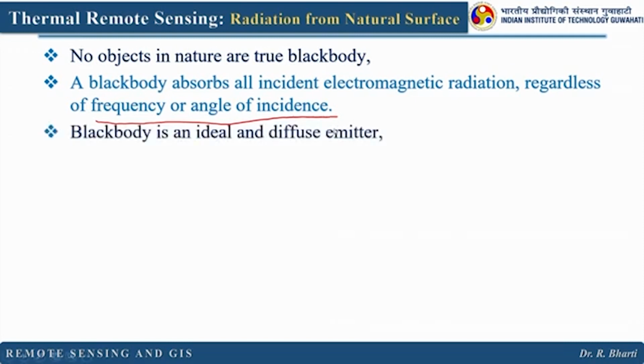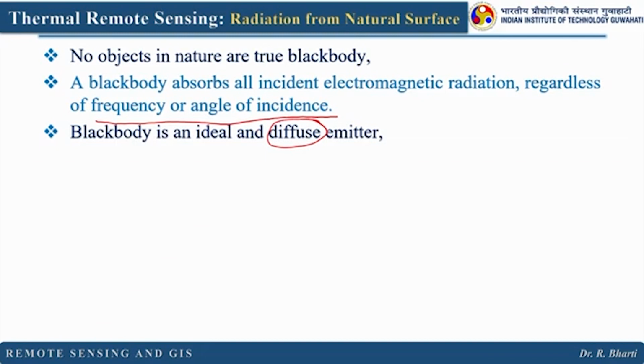A black body is an ideal and diffuse emitter. Why? Because it absorbs all the incoming radiation, so later on it will emit. So it will emit in all directions with equal intensity. So that is the definition of diffuse. So it will not be focused, right?